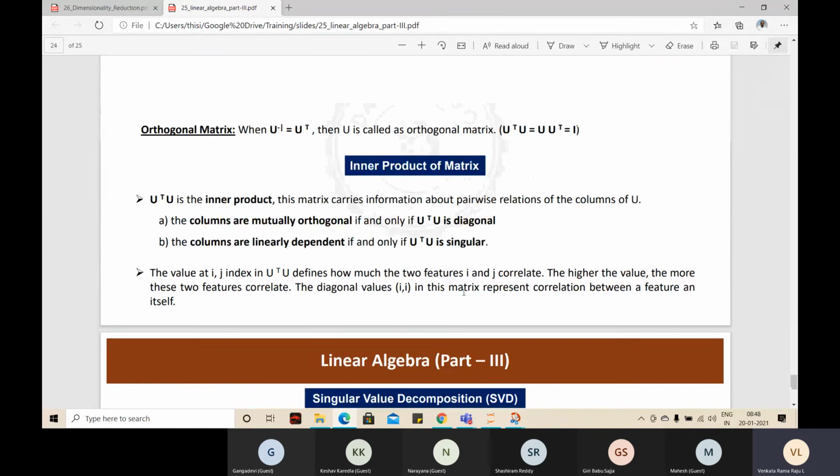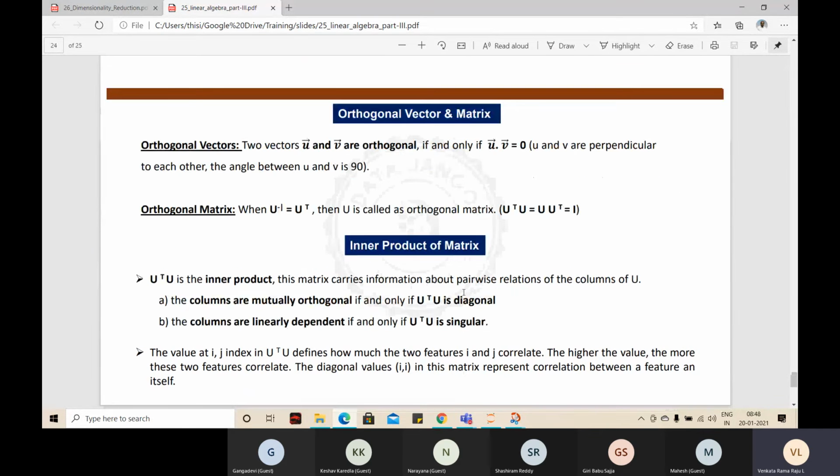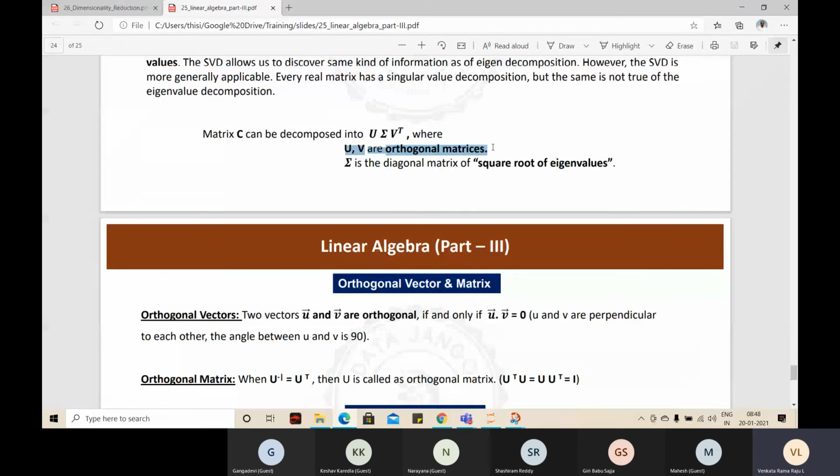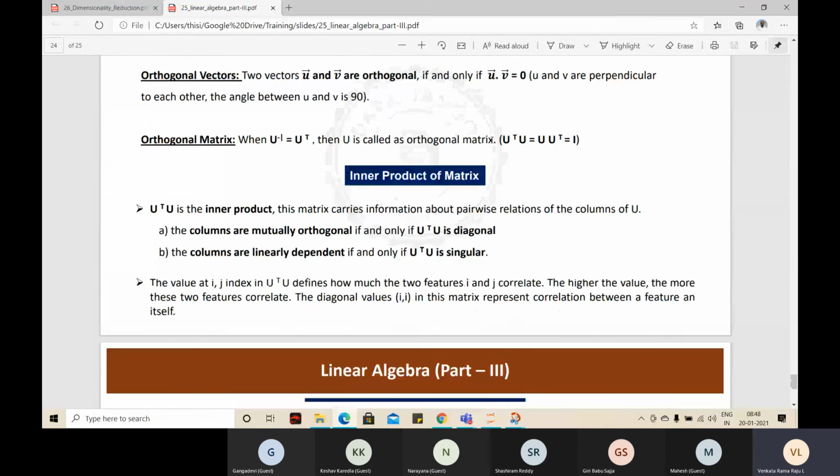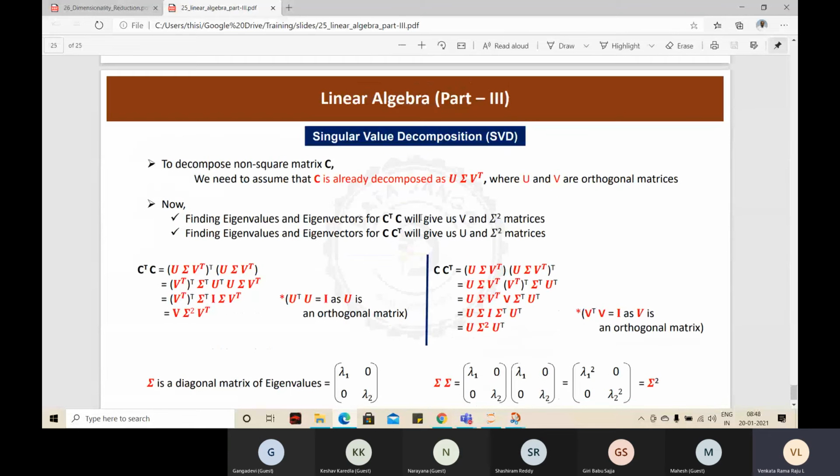If U and V are not orthogonal matrices, you will not be able to decompose. When you decompose a rectangular matrix into three matrices, U and V will definitely come as orthogonal matrices. If they are not orthogonal, you cannot decompose because you will get stuck here. This will not become I, and that will not derive to a form where eigen decomposition can bring it down. So that's the trick.